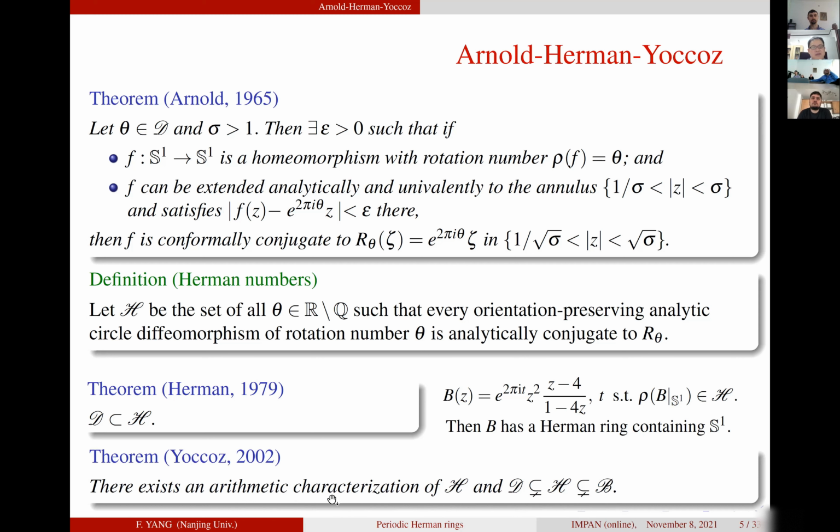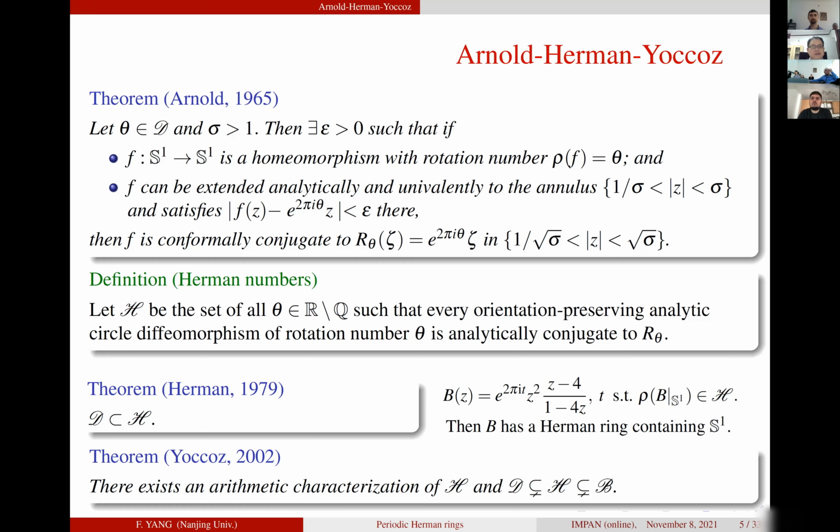This arithmetic characterization allows us to check whether an irrational number belongs to Herman type or not, because Herman's condition is very hard to check. But the characterization is very hard to state here. It is a very complicated description.